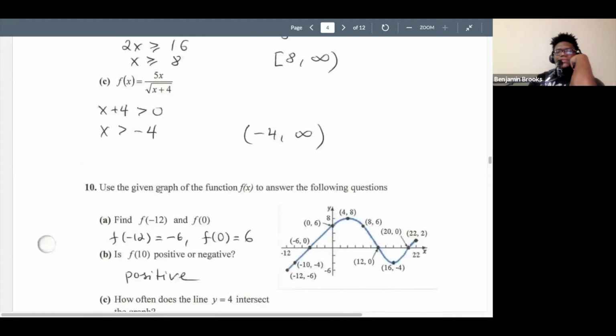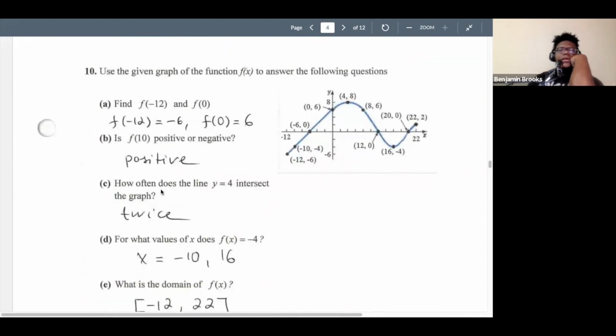All right. So I'm going to run through these really fast because we only have 3 minutes, but use a given graph of the function of x to answer the following questions. All right. First thing says find f of negative 12 and f of 0. F of negative 12 means where x is negative 12. What is the y value?